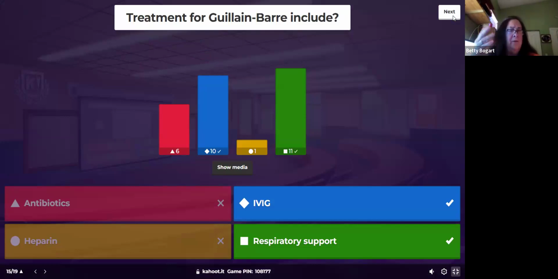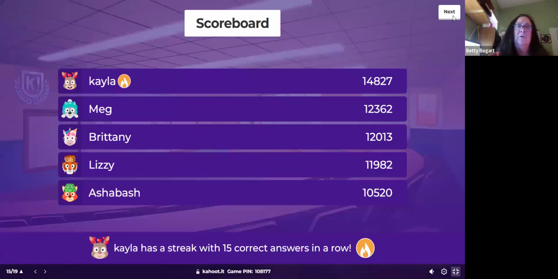Know that with Guillain-Barré, we might give IVIG because we're boosting the immune system. It's a virus of some sort. We don't know what it is, so it's not antibiotics. Would we be giving heparin? It's not treatment, but it's a preventative of blood clots. We might give it for that, but it's not the treatment of Guillain-Barré. It's all about IVIG and respiratory support.